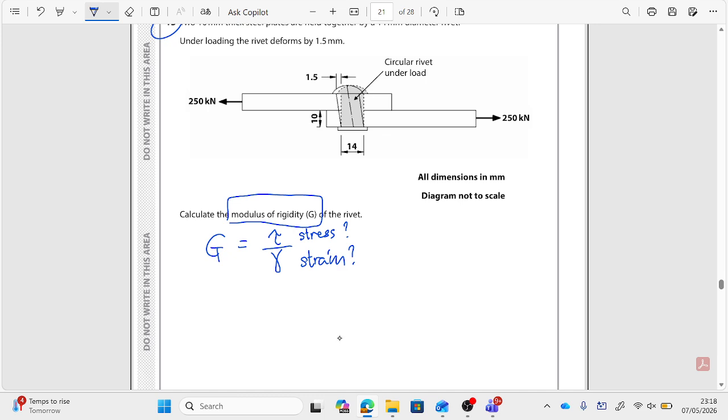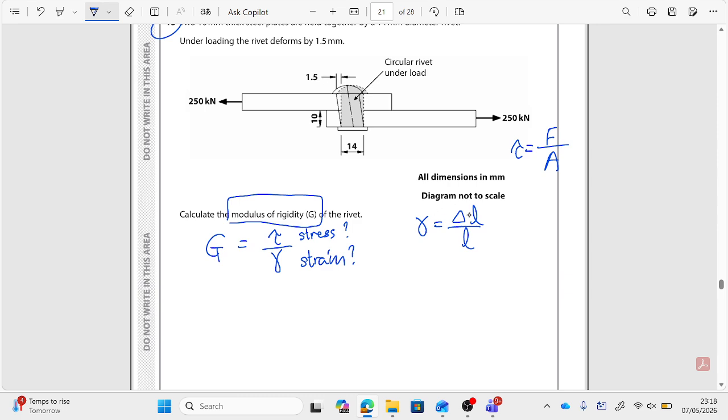I'll start off with shear strain. Shear strain is equal to delta L over L. Now this delta L, if you have written tau already, you will know it's F over A, so it can't be this for F. It's got to be to do with some change of movement from the original position.